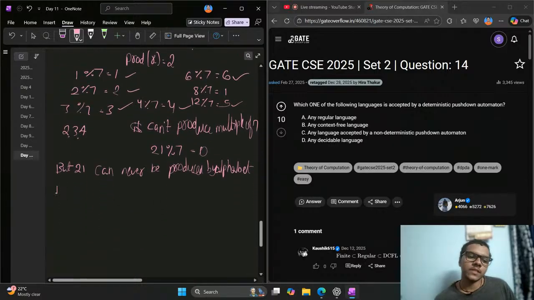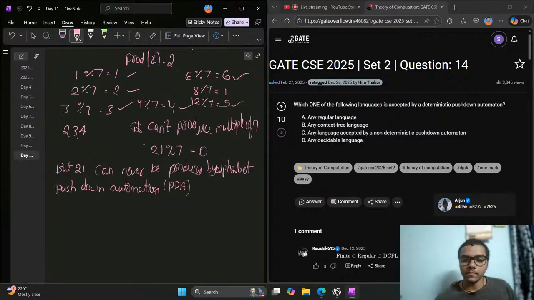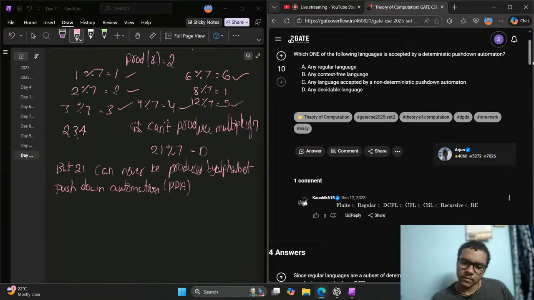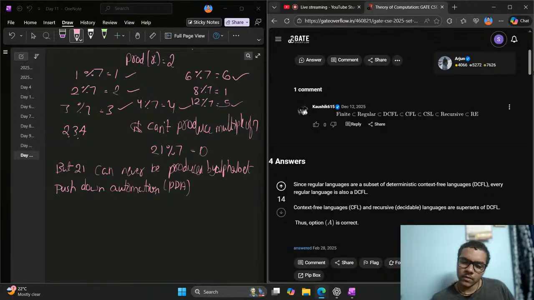So, pushdown automata, or PDA. Alright, regular language. Let's see. Is this all?